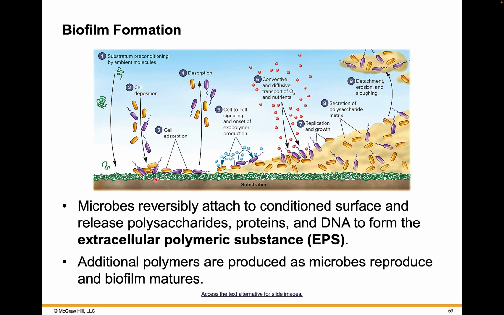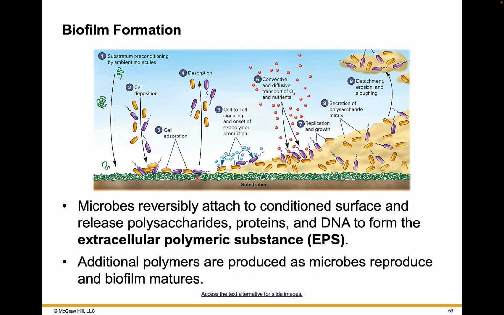When these proteins coat the tooth, that is the preconditioning molecule. Without that coat of protein, the bacteria will not be able to deposit onto it. That's the idea of the preconditioning molecules. On the conditioned surface, the bacteria will absorb, and sometimes they can leave the surface as well.